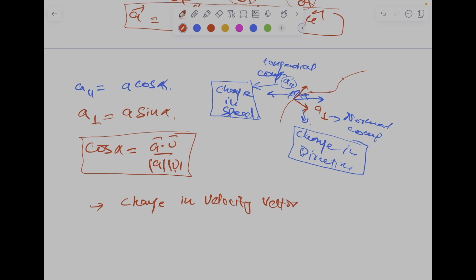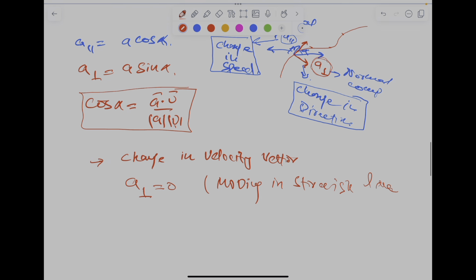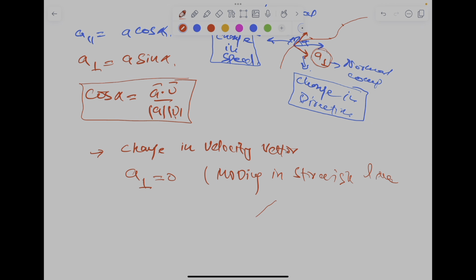If the perpendicular component is 0, then the particle is moving along a straight line, because your velocity and acceleration vectors are both in the same direction.